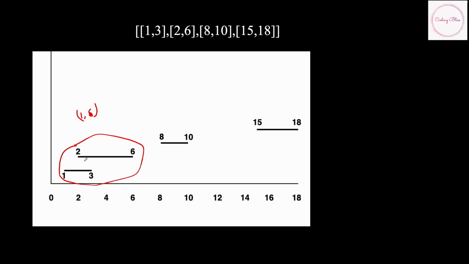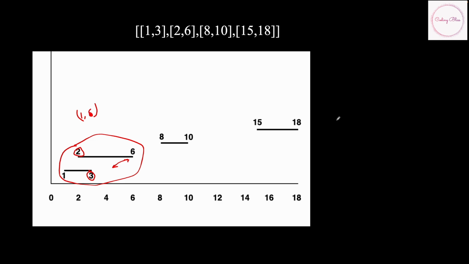But if this value is less than the endpoint of the previous interval, then that means there is an overlap. Then these two can be merged, and we take the max of these two end values. Together that forms the overlapping interval.